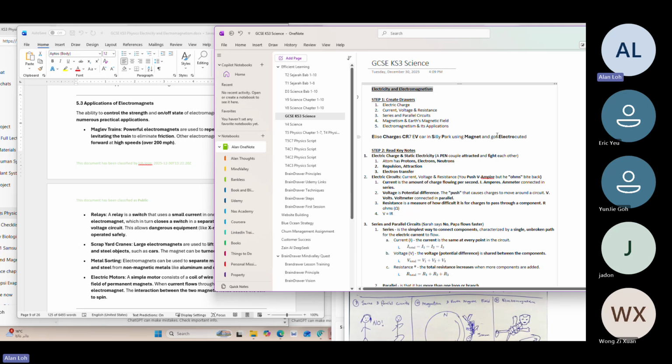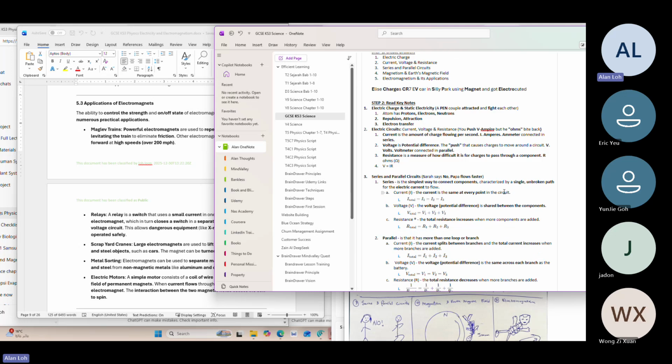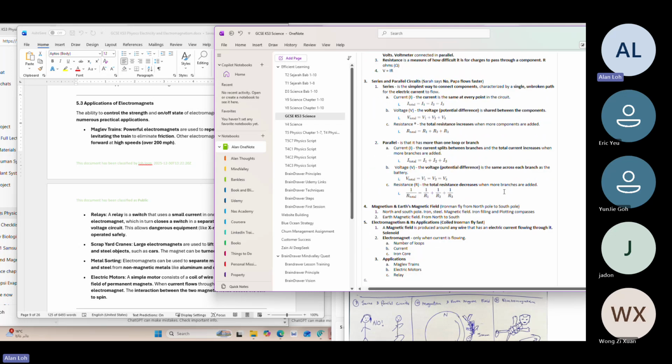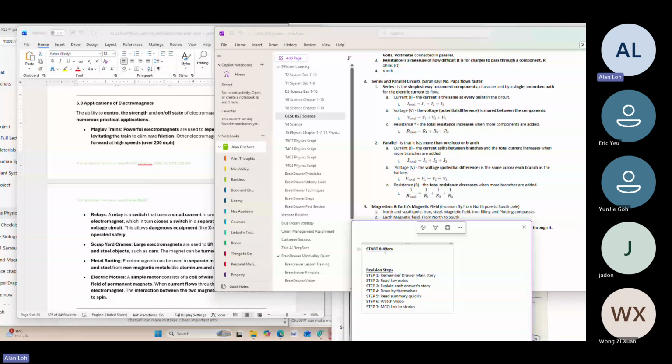Is that clear? I think it's clear, right? Yes. So this is the method you use to do revision. And because we are doing it very slowly, what is the time now? About 10 o'clock. What time did we start? Yes, we started at 8:40.